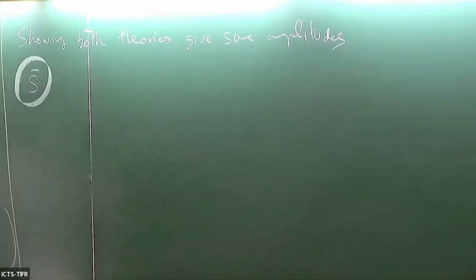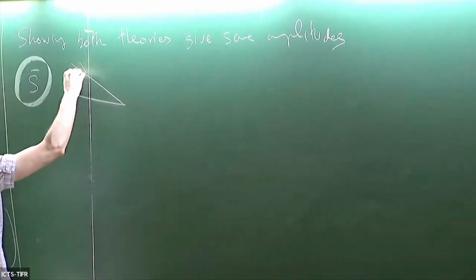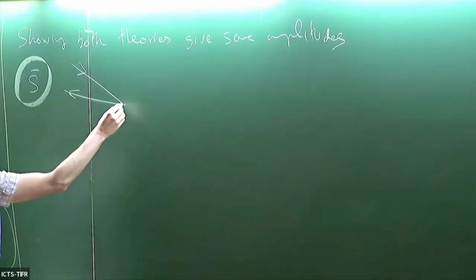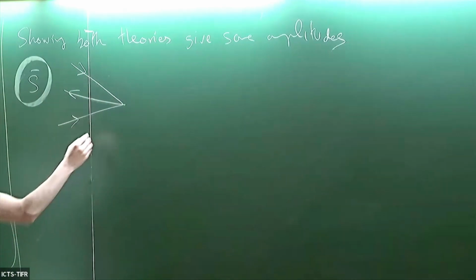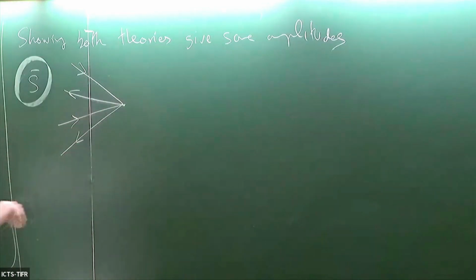So I'm going to look at a 4-point amplitude in which a scalar is coming in, an anti-scalar coming in, another scalar coming in, another anti-scalar coming in. You can flip any two of those to be outgoing particles. You change the sign of the momentum, and there you go. You have it.